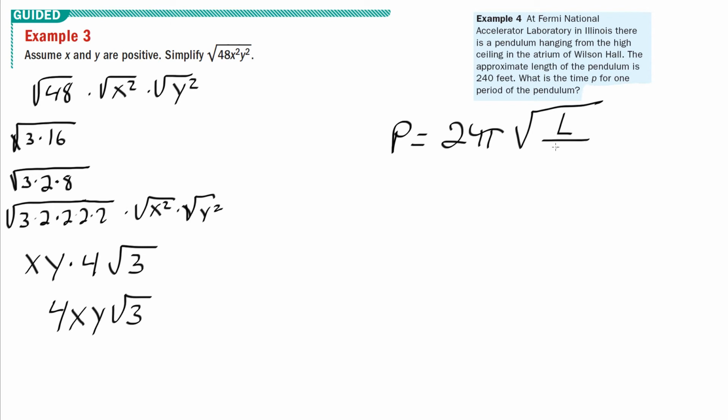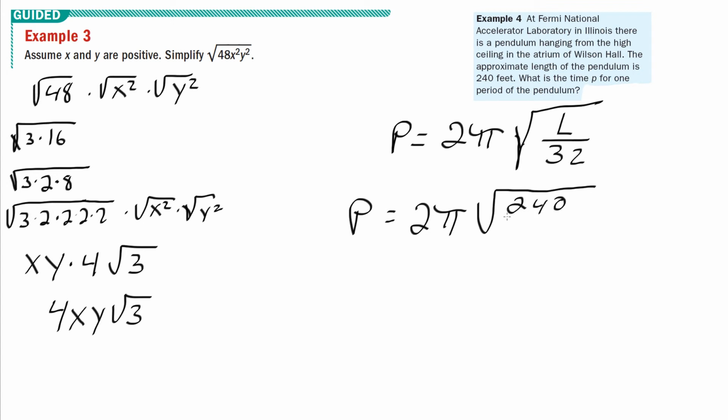We can plug in some values here. So we get our period is equal to 2 pi times the square root of 240 divided by 32.